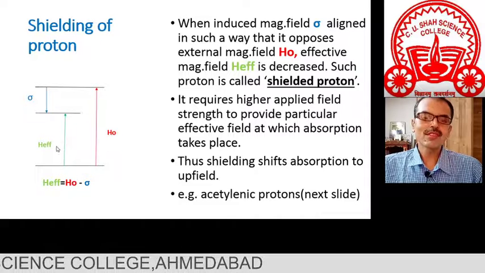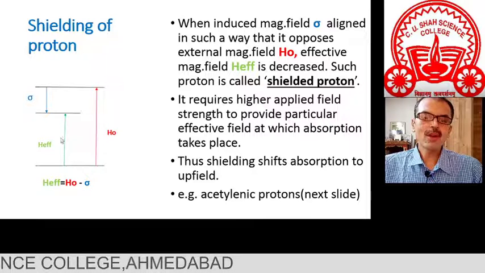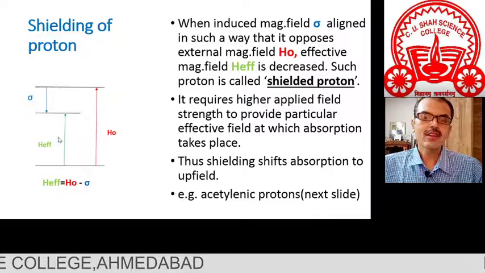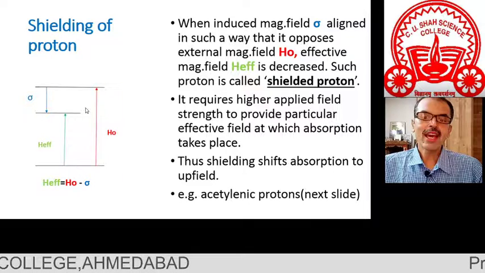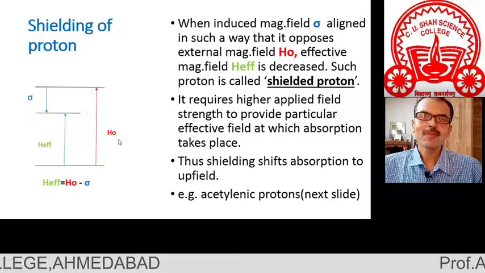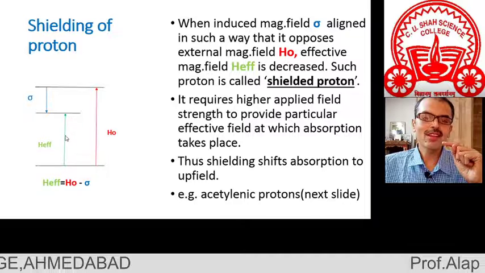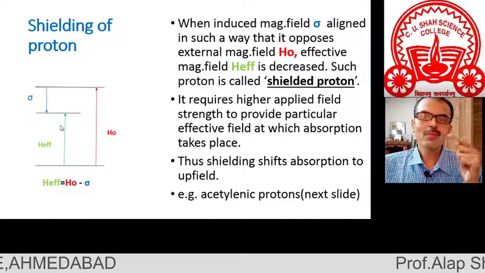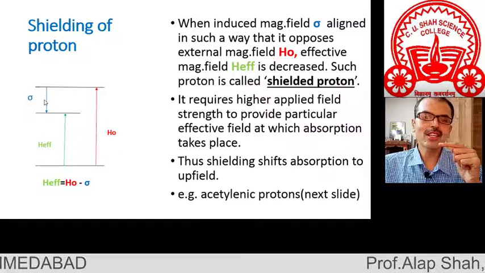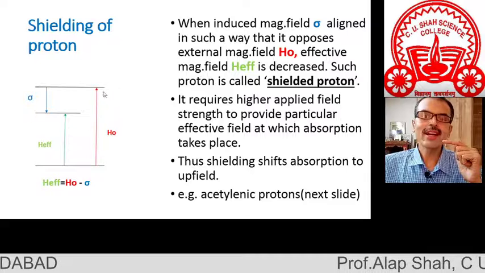In other words, if for resonance this amount of magnetic field is required, then due to shielding we have to provide slightly more H0. Again, let us discuss with values. For example, if you need 30, but since the proton is shielded and this induced magnetic field is opposing by 20, to get a net 30 we have to provide 50.